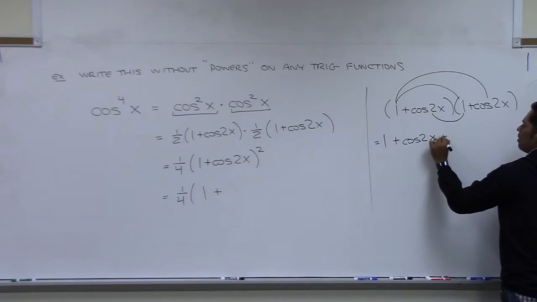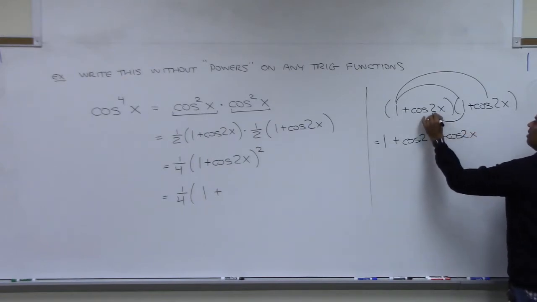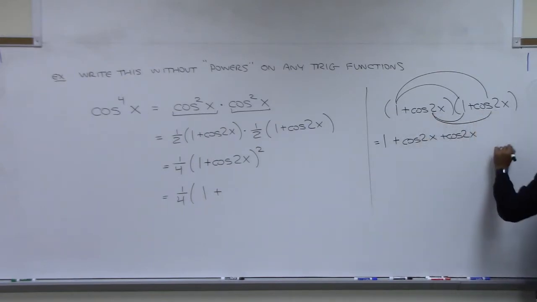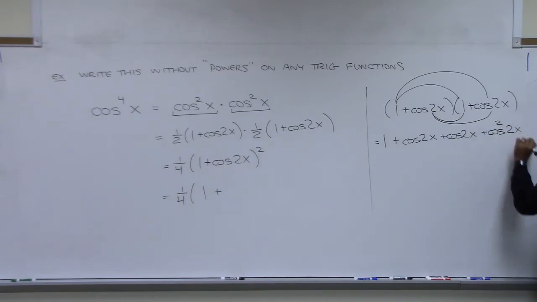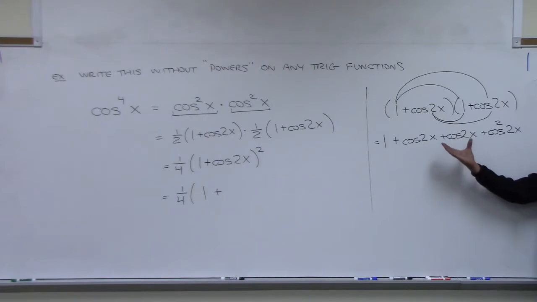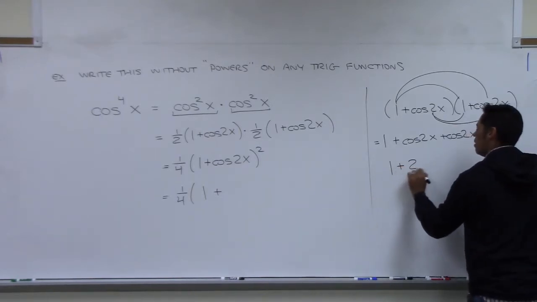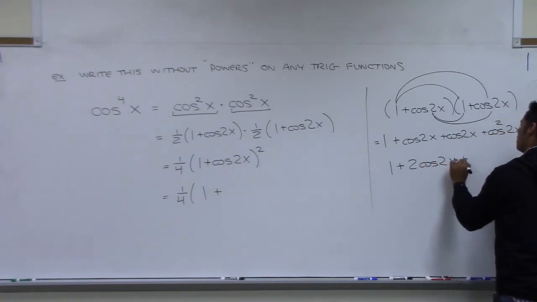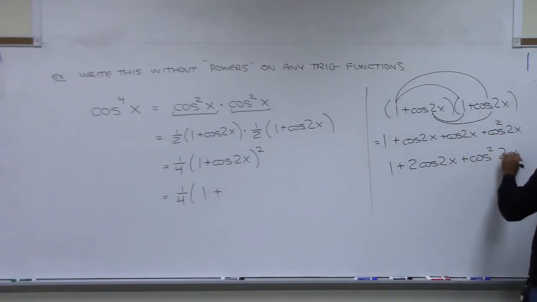Cosine 2x times 1 is cosine 2x again. What's cosine 2x times cosine 2x? Cosine squared 2x, right? And then I can combine these two to become 1 plus 2 cosine 2x plus cosine squared 2x.